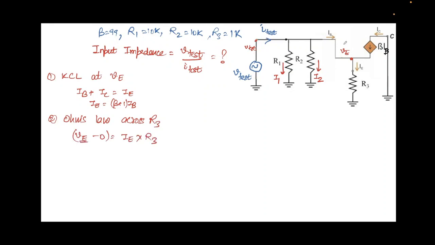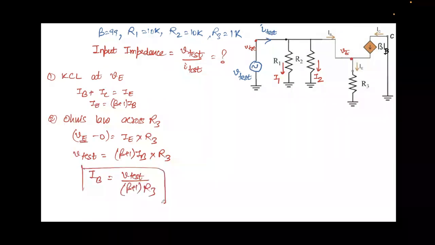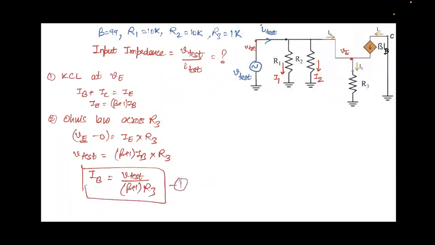So VE will be nothing but V test, and I can write V test is equal to IE times R3, where the value of IE is beta plus 1 times IB. This is an expression that we have obtained, and from this I can write IB is equal to V test over beta plus 1 times R3, and let's call this expression 1.